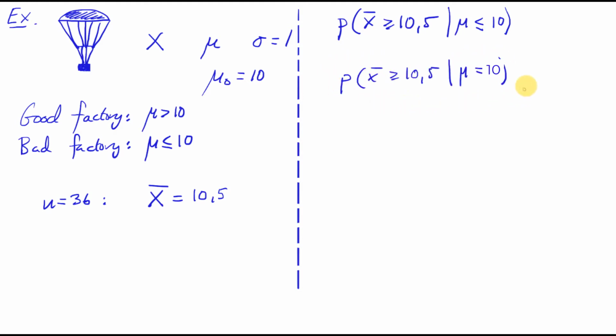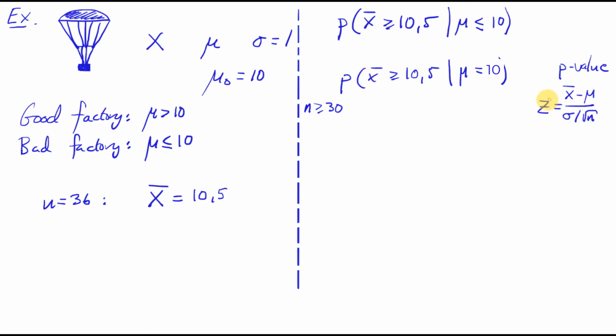So if we calculate this probability, where mu is exactly 10, this gives us an upper limit on how large this probability can be. And this one here is the p-value for this situation. Since n is larger than or equal to 30, the mean is normally distributed.